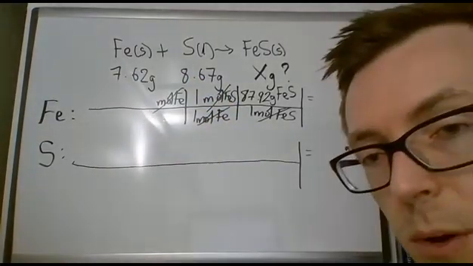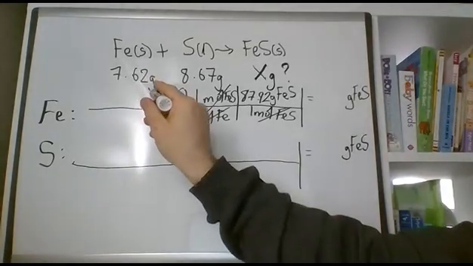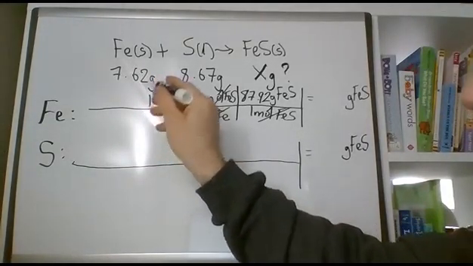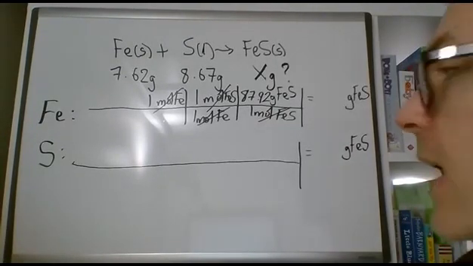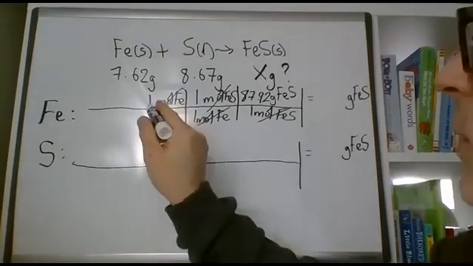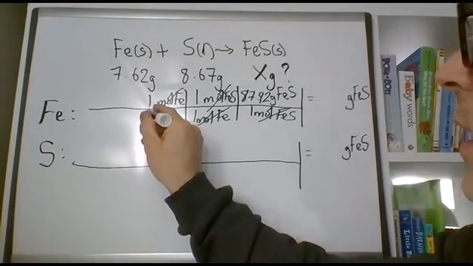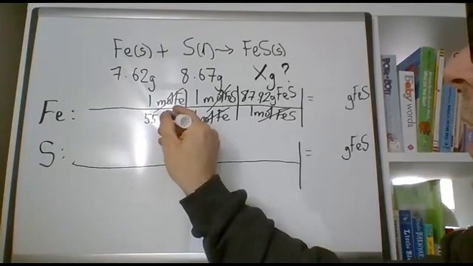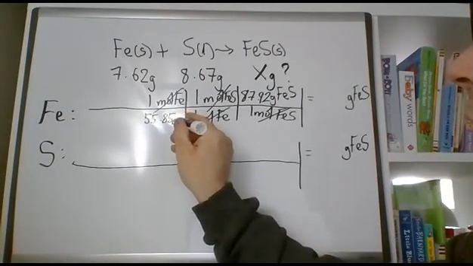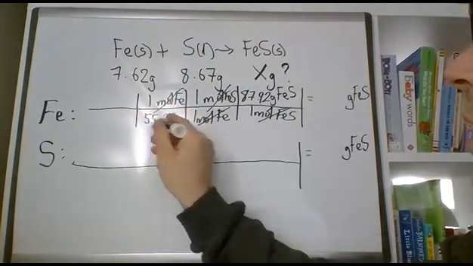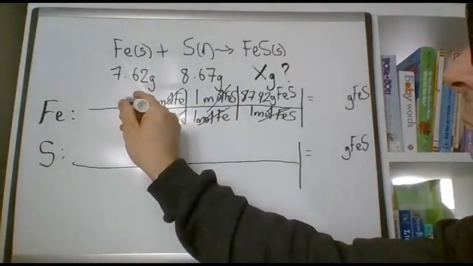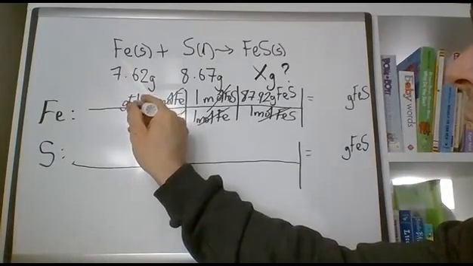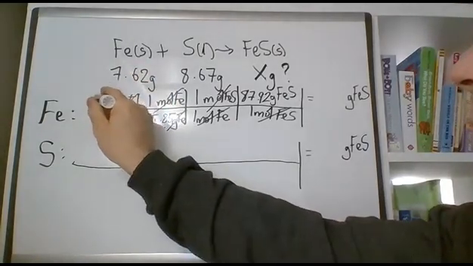By definition, 1 mole of Fe is the weight of Fe in grams, so I go back to the periodic table, and Fe is 55.85 grams per mole of Fe. Now I can use my input.